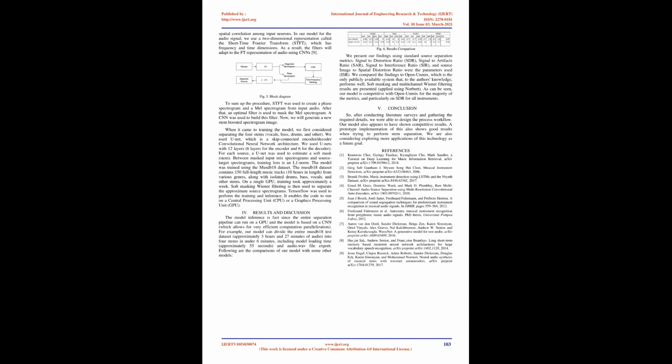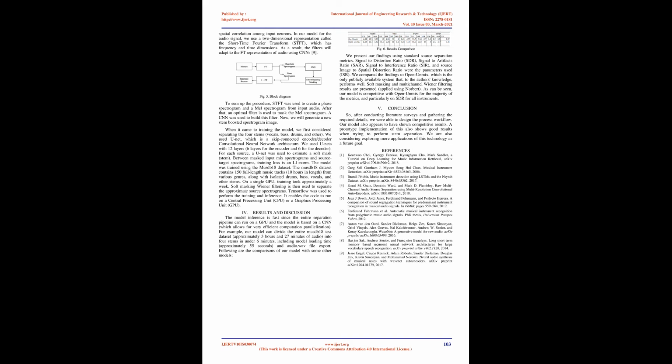In the field of image processing, CNNs accept a two-dimensional vector of pixel intensities across the spatial dimension and learn localized features by exploiting local spatial correlation among input neurons. In our model for the audio signal, we use a two-dimensional representation called the short-time Fourier transform, STFT, which has frequency and time dimensions.